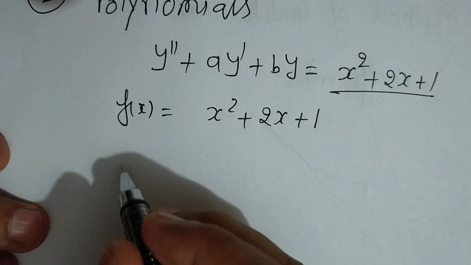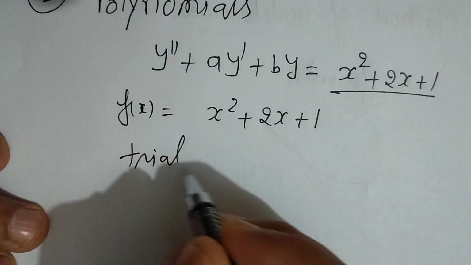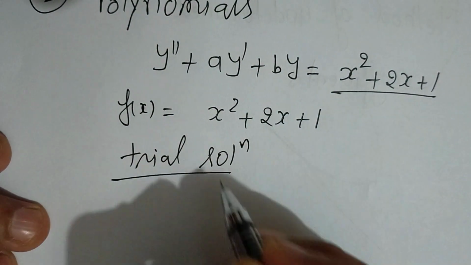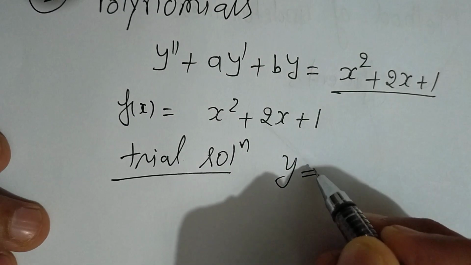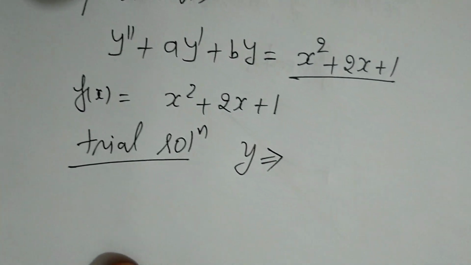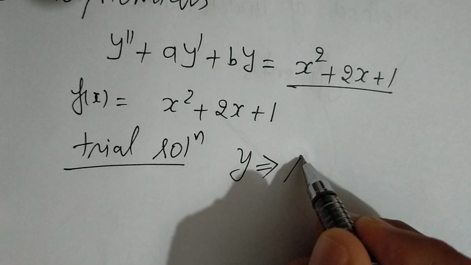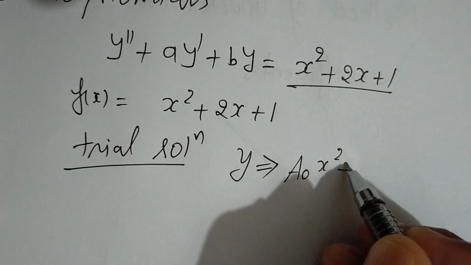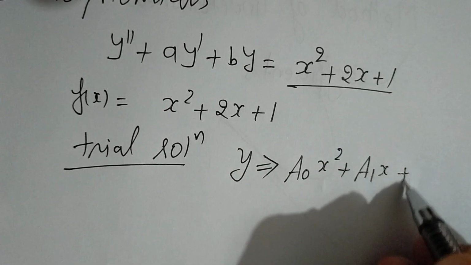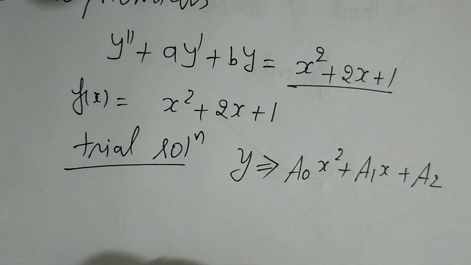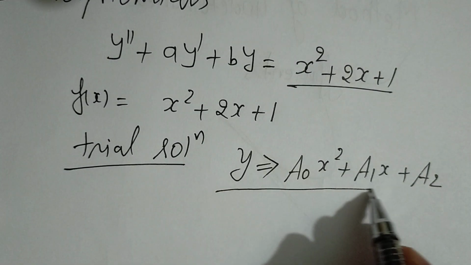So trial solution y will be general form of quadratic equation. So it can be a0 x square plus a1 x plus a2. So this is the trial solution.